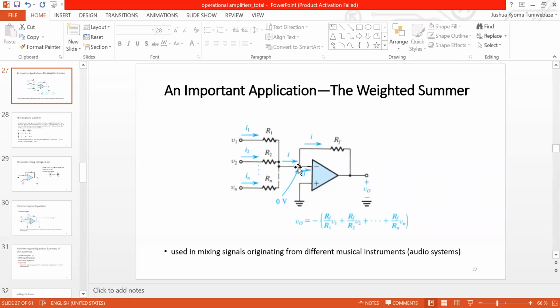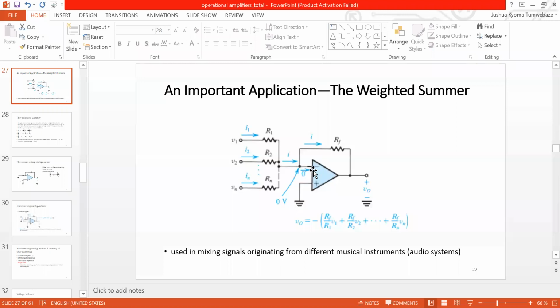Then using Kirchhoff's current law, we can determine the current I, which flows through the feedback resistor RF. So I is simply the sum of all these currents. I will be equal to I1 plus I2 all the way up to In.